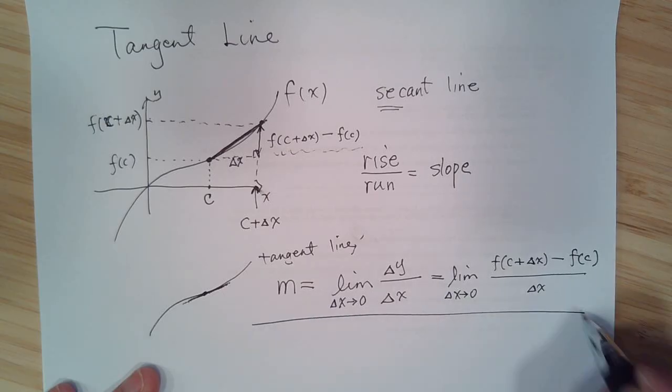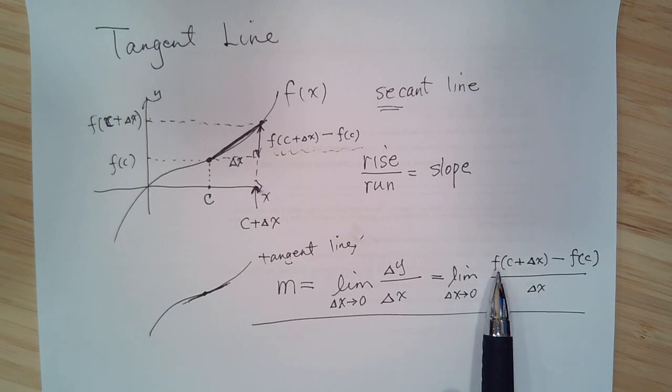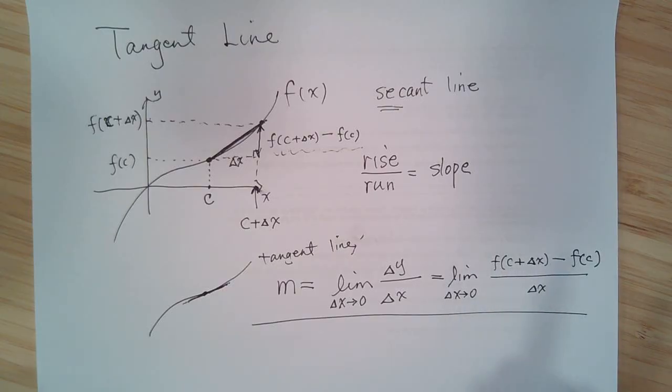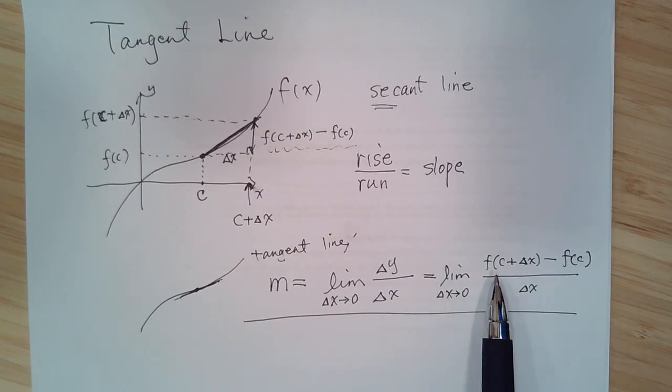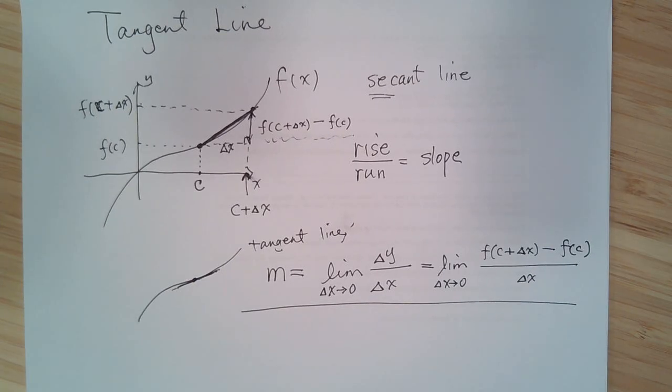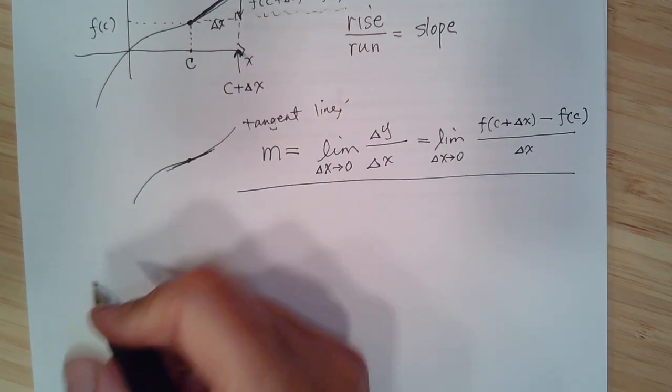Alright, now this is a very important concept. Once we have the function itself, and I give you C, first we confirm that C is in an open interval where f is defined, then you can do this and you get the slope of the tangent line. So I want to give you one example and then you're going to see how I did that.